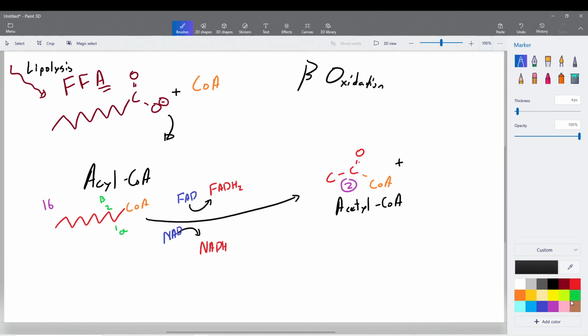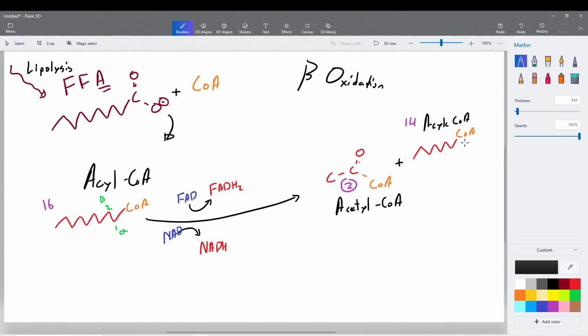Now it's going to be another long chain of carbons, but slightly shorter, attached to a molecule of coenzyme A. Instead of a 16 acyl-CoA, we'll give it a different name, and we'll have to call it a 14 acyl-CoA. This is going to be our 2 end products.